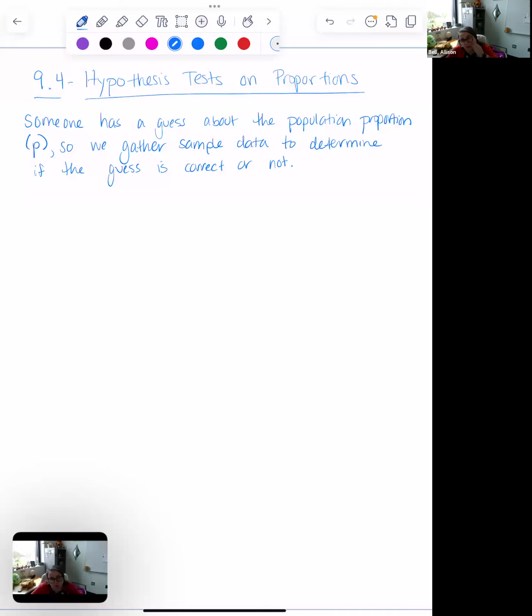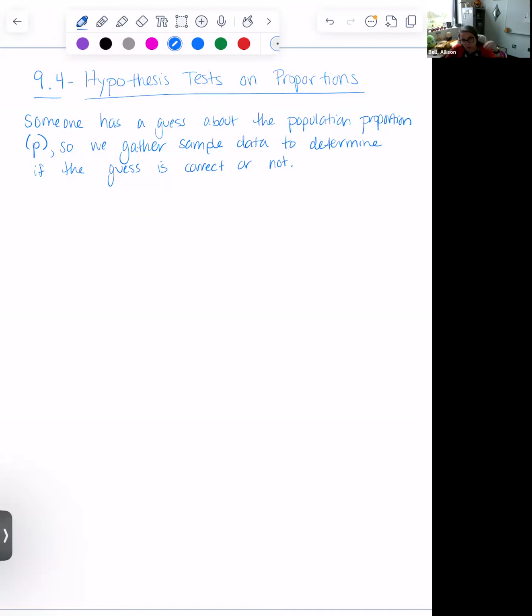So that's the general idea of every hypothesis test, is that we gather sample data to attempt to see if the actual test itself is showing that the sample says that there has been an actual change between the two, the sample and the population. So here's what it looks like.